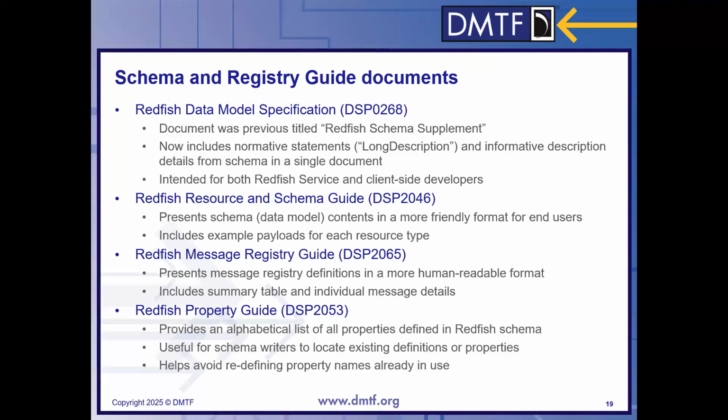And then finally, we've got the Redfish property guide, DSP 2053, which gives an alphabetical list of every property defined in the Redfish schema. And this is really intended for schema writers, either to locate existing definitions, properties, and to help us to avoid redefining property names that are already in use.